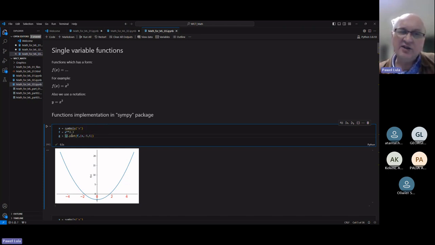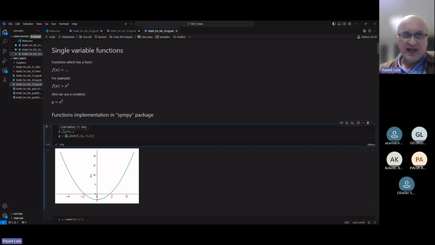In this definition, I use x as a symbol. Therefore, first I must declare that x is a symbol which I use in expressions which will be used in this program for function definition.